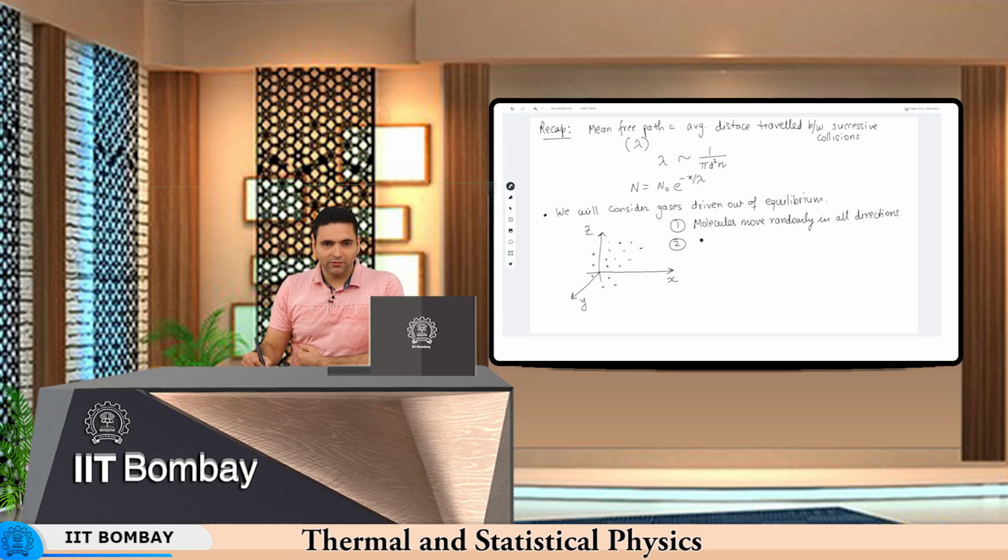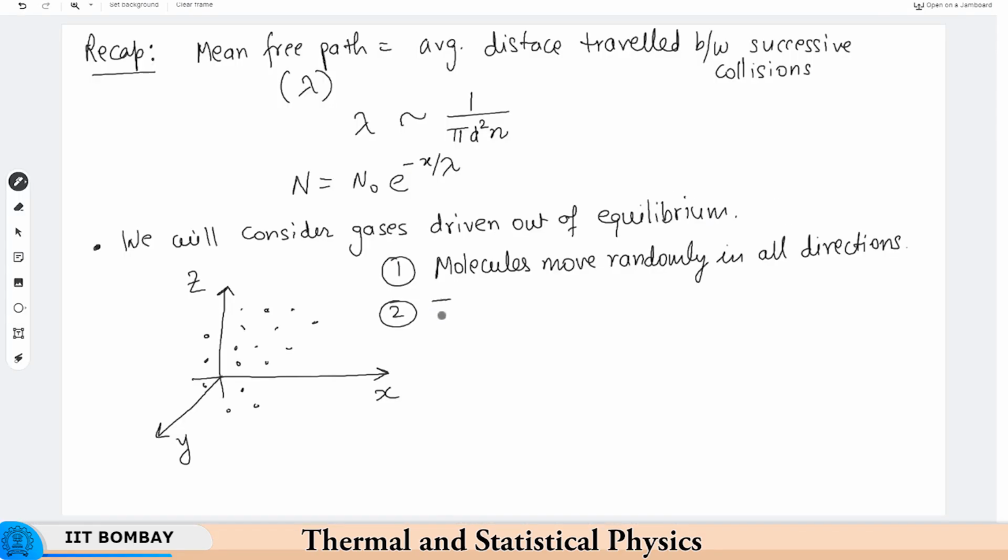The second assumption was that the gas is at equilibrium, which means the temperature, or rather the average kinetic energy of gas molecules, is uniformly distributed in space.